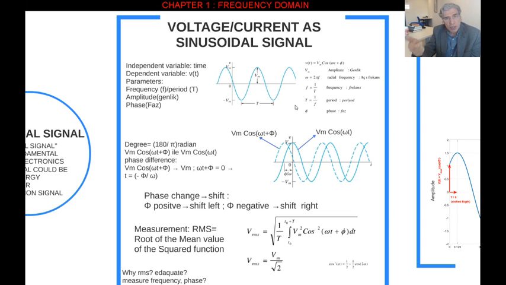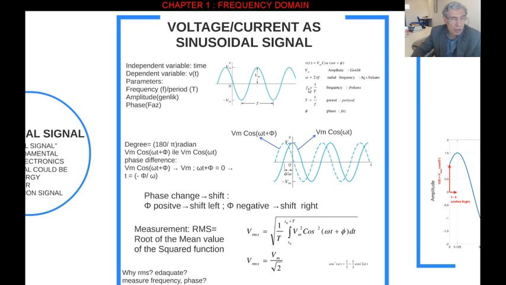The same shape is repeated consecutively. This time interval, that repeated part of our function, is called the period. The inverse of this period is called frequency.